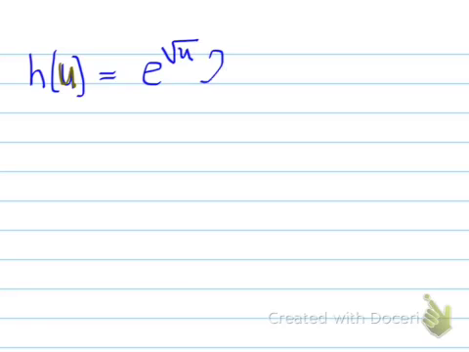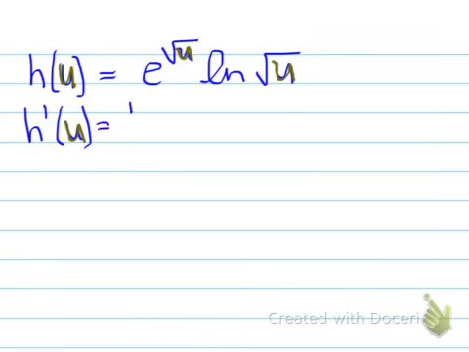This is one of the questions that you had in the book, and you were asked to find the derivative of this. And it can be quite nasty. So what I did is I changed the u to be in a different color so you don't confuse it with a 4. h(u) is equal to e to the root u ln root u. What does that mean? Well, we take the derivative with respect to u.